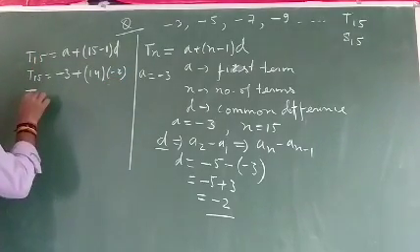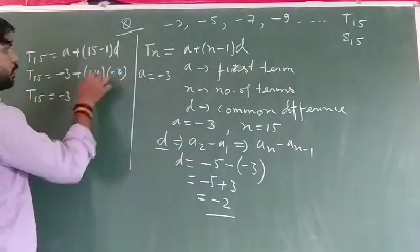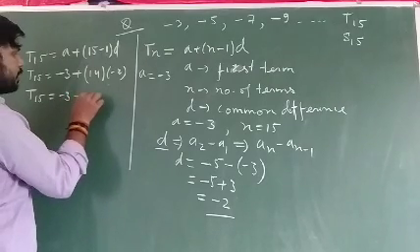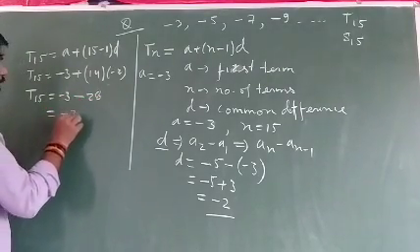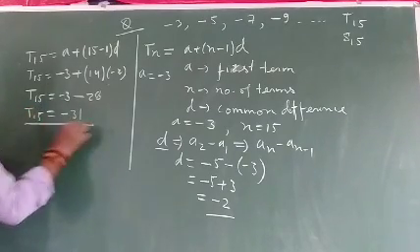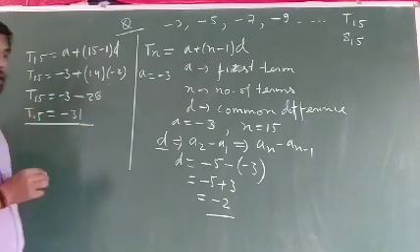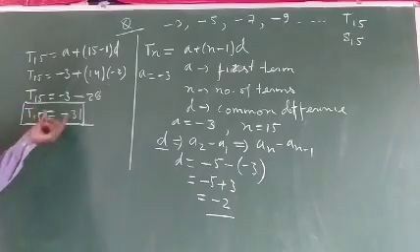Now solving, T15 equals -3 plus (-2) into 14, that is -28, and -3, so you will get -30. So T15 equals -30.